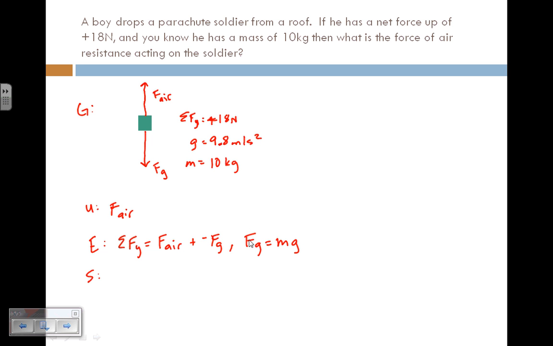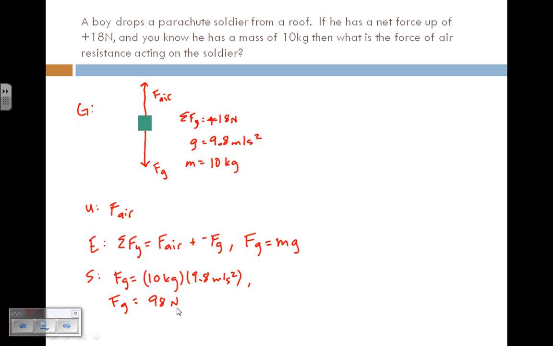So let's go ahead and start over here with the force of gravity. Force of gravity is going to be equal to that 10 kilograms times the 9.8 meters per second squared. And when you multiply 9.8 and 10, you get a value of 98 newtons.